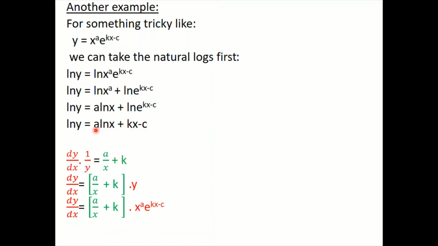Remember the a acts almost as a coefficient, so we need to leave that as is, and if we differentiate the natural log of x, remember that's going to give us 1 over x. So we would end up with a over x when we differentiate that first term with respect to x.